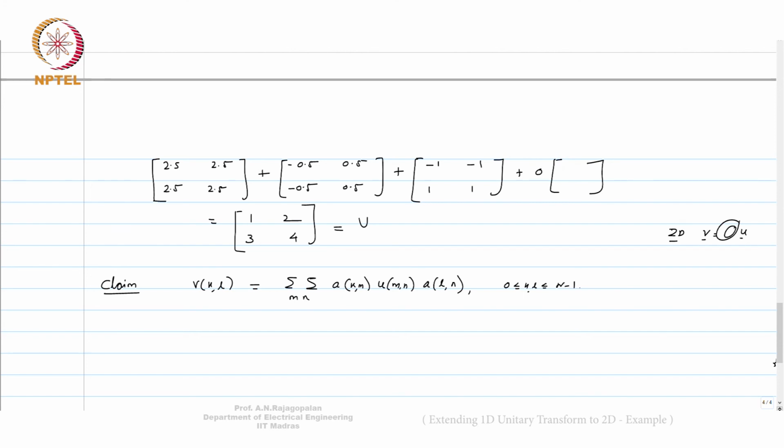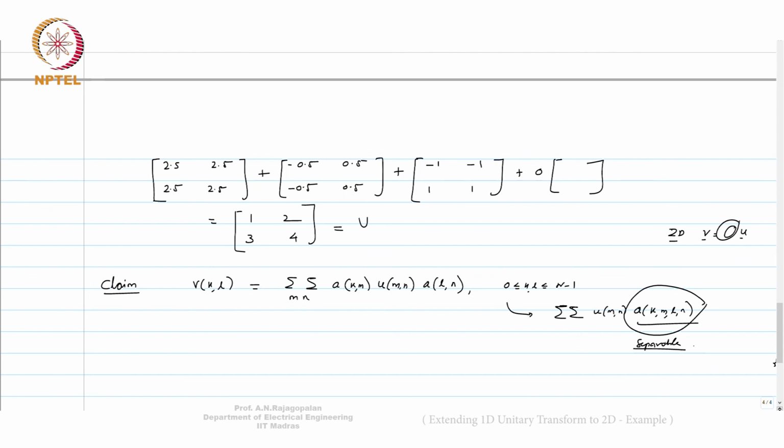Okay, now the point is, what you would have thought it might look like is U of M N, which is my image, then multiplying a 2D transform that is of the form maybe A of K comma M comma L comma N. Now most transforms that we encounter, the ones that you are familiar with, are transforms wherein this guy is actually separable.